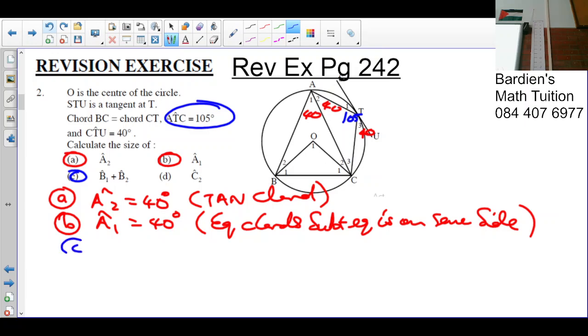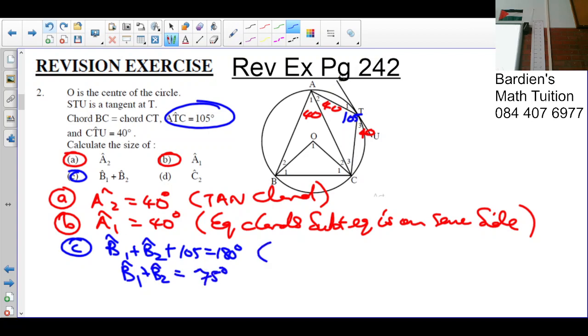Opposite angles of a cyclic quad. So B1 plus B2 is equal to 75. The reason here is opposite angles of cyclic quad. So this whole angle here is going to be 75 degrees.